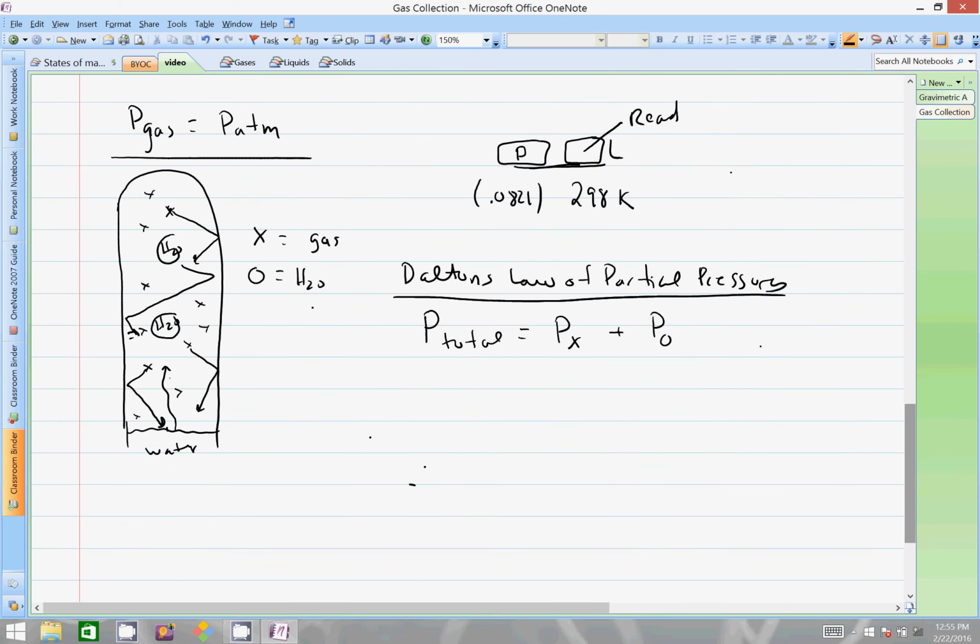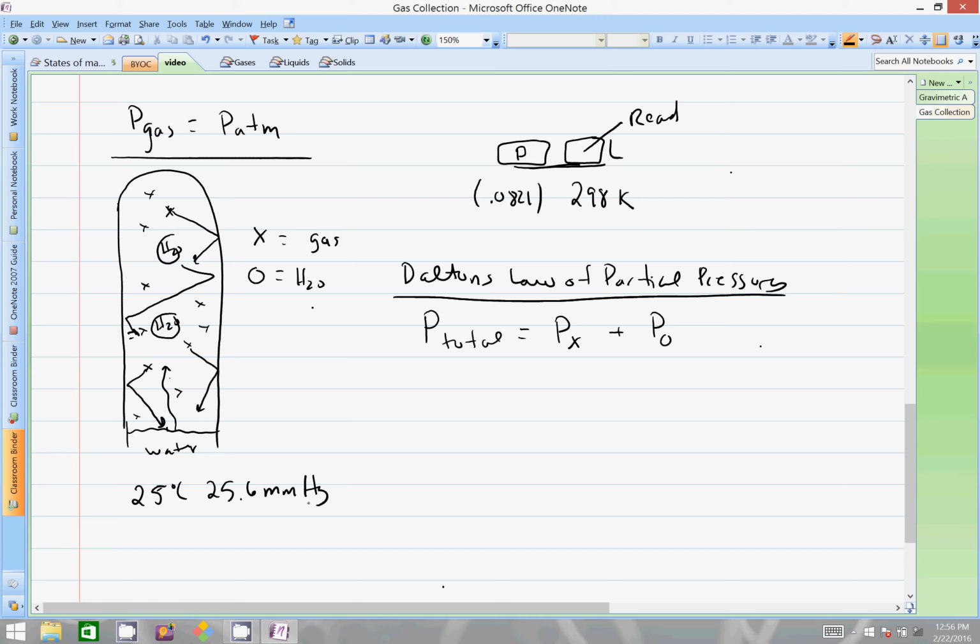Well, it turns out that water's vapor pressure is very much linked to the temperature. And at 25 degrees Celsius, which this is at, it is 25.6 millimeters of Hg.